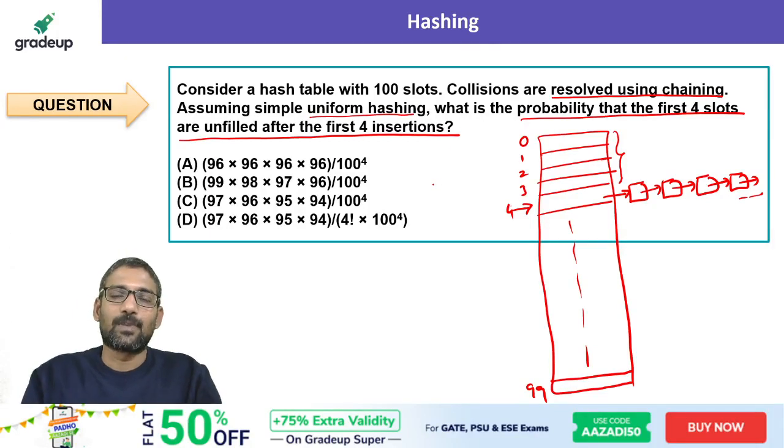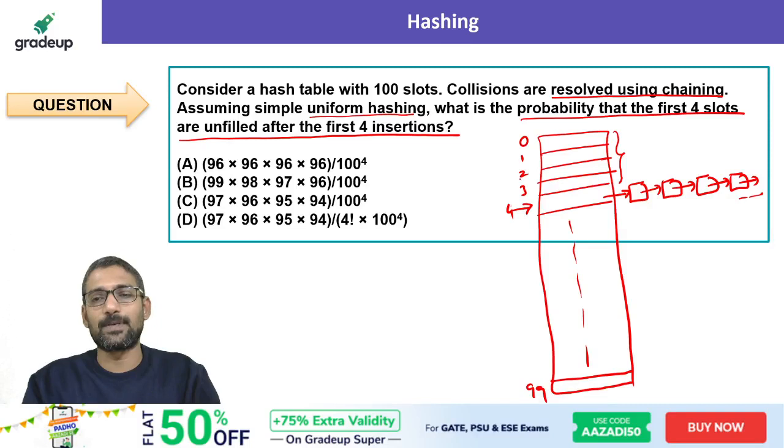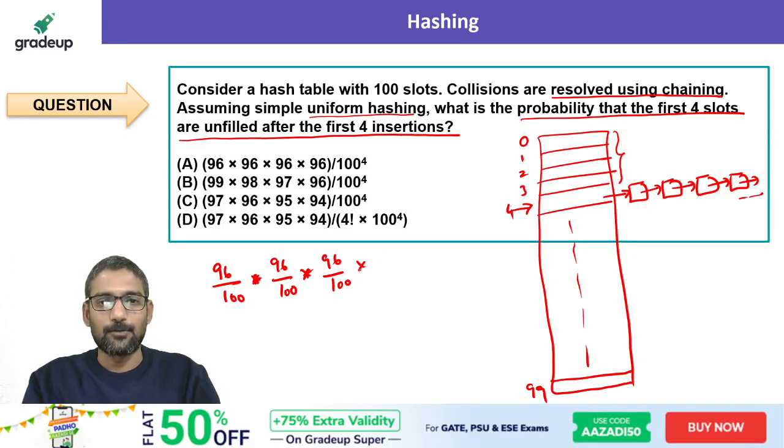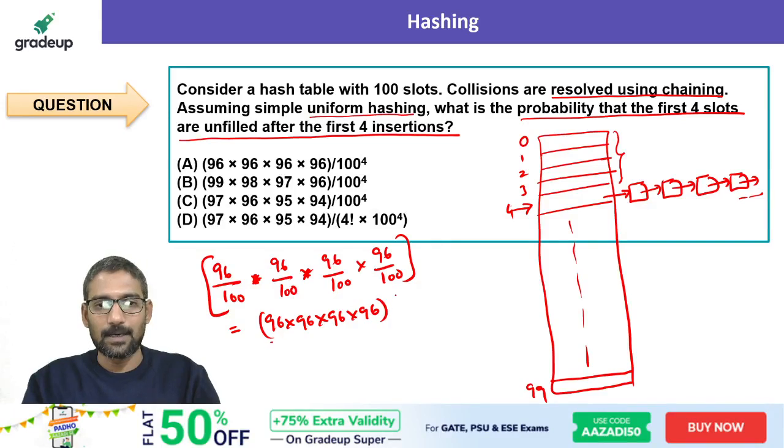So for the first insertion, how many possibilities are there? Out of 100, you have 96 slots. For the second element, 96 slots. Third element, 96. Fourth element, 96. Because it is using the chaining method. So this would be 96 into 96 into 96 into 96 divided by 100 power 4.